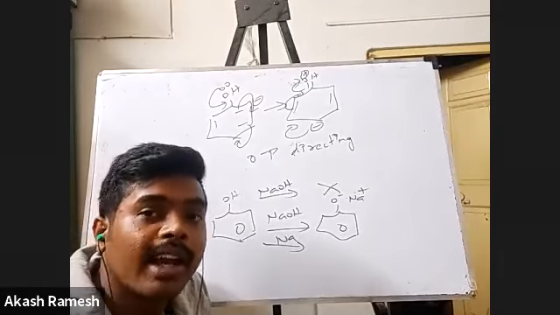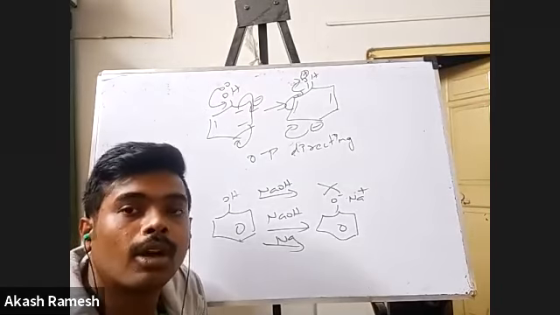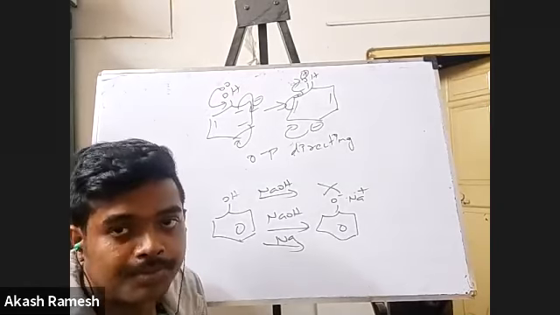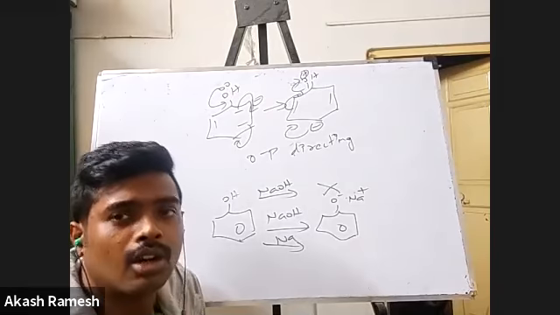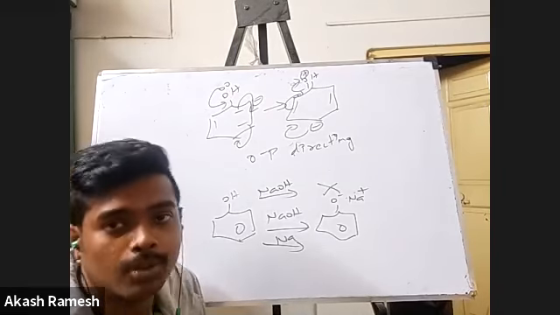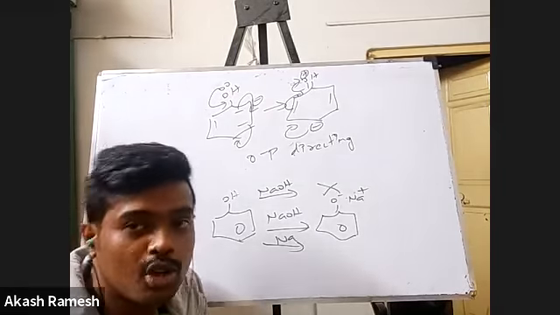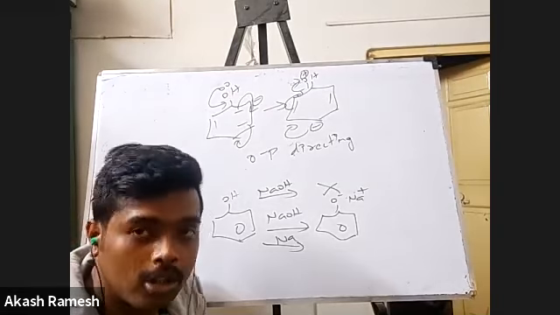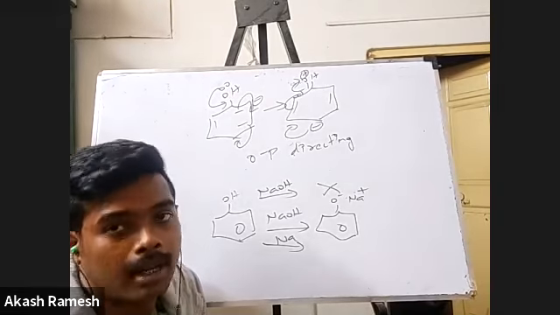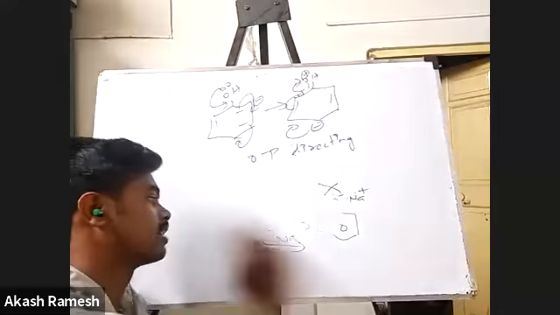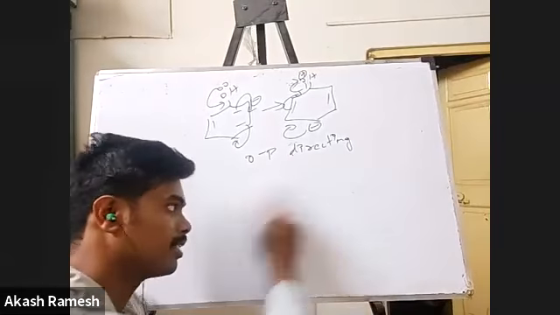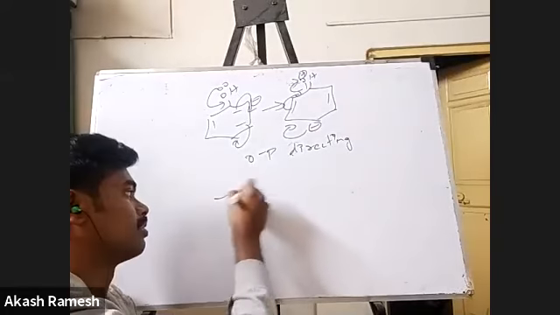If you are going to do any electrophilic substitution, say for example a Friedel-Crafts reaction, or any other reaction like methylation, acylation, chlorination, bromination, whatever you do, the substitution will either happen at the ortho position or at the para position. Okay, say if I have to give you one example.